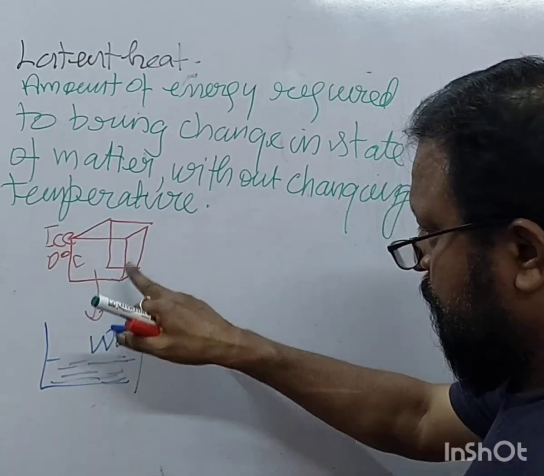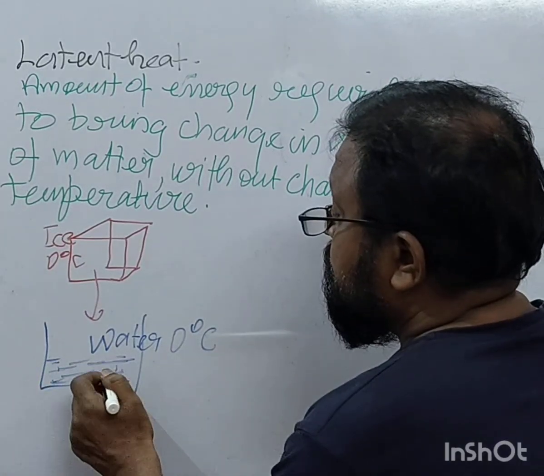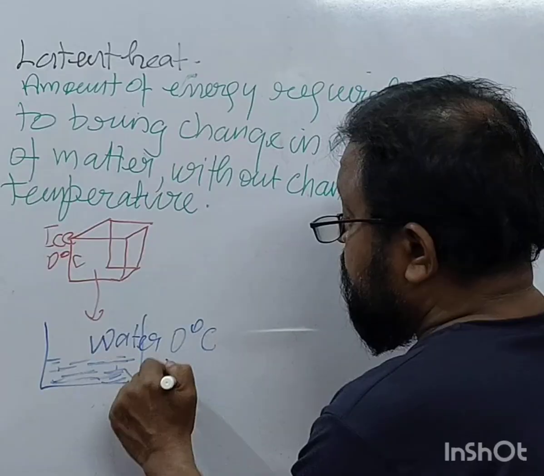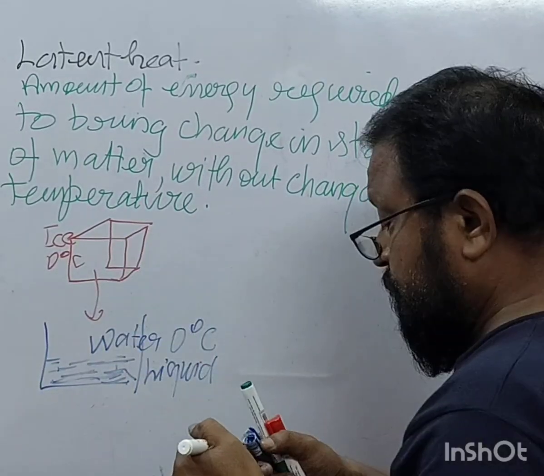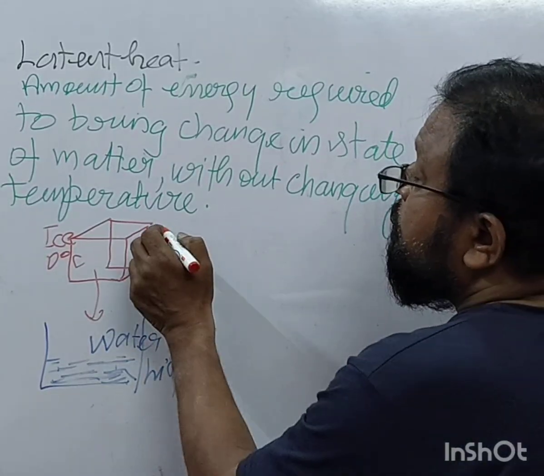This is what we call a change in state of matter. This is the solid state, this is the liquid state, and this is, we have the solid state. Change in state of matter.